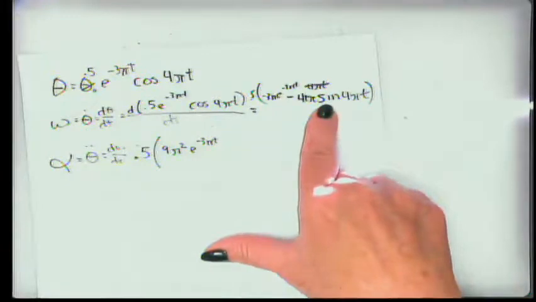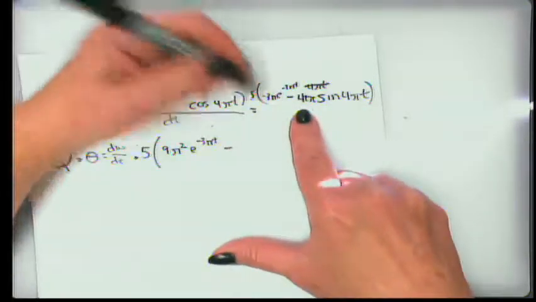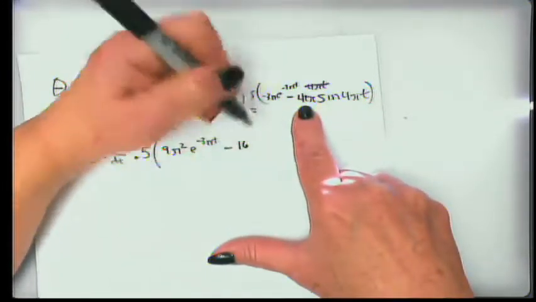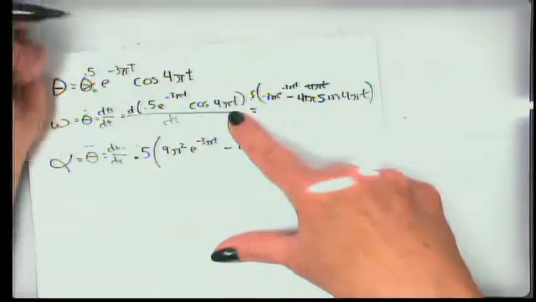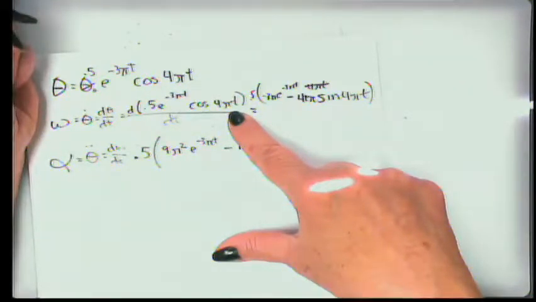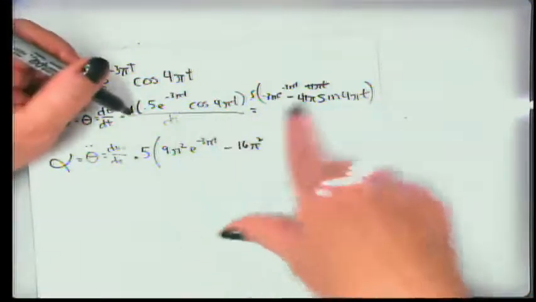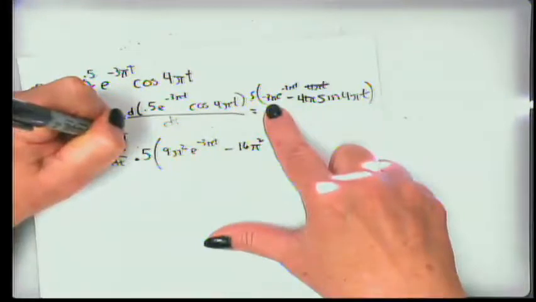And then sine differentiates to cosine, not minus cosine. So this remains a negative. So we get 16 pi squared. Did I bring that t out? Hang on. I don't have this complete because I have to do that.